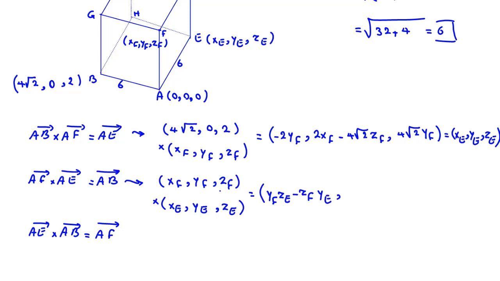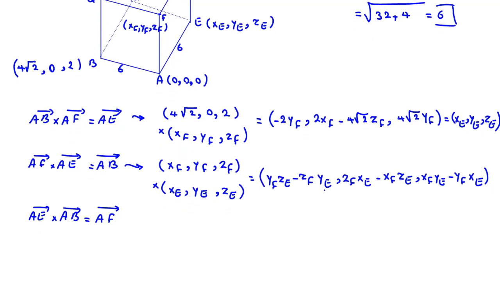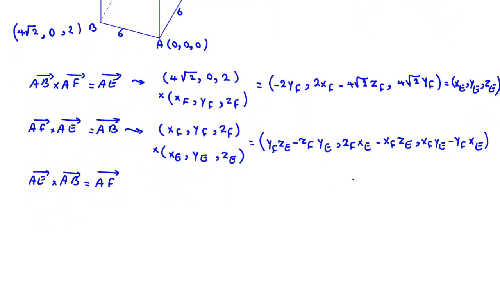For the next one, ZF XE minus XF ZE. And the last one, XF YE minus YF XE. Okay. So here we know it is equal to AB, which will be (4√2, 0, 2).